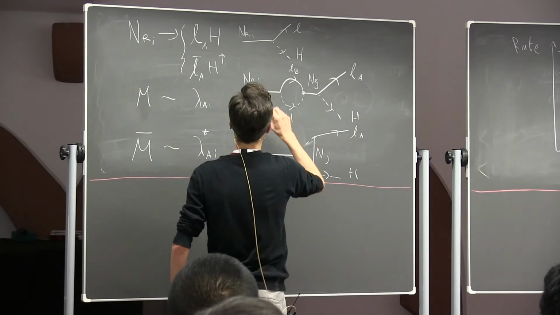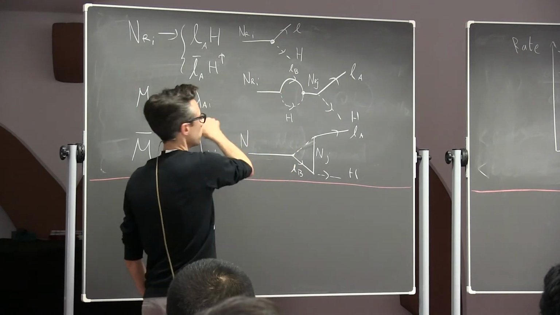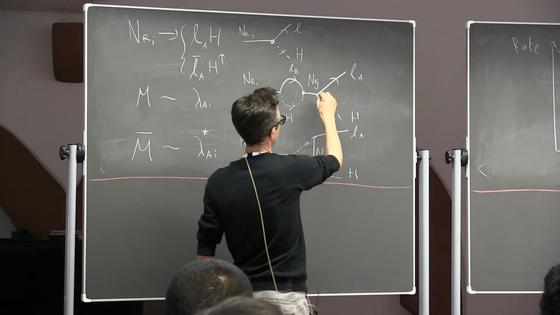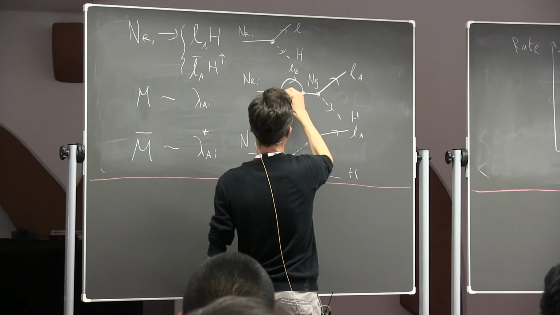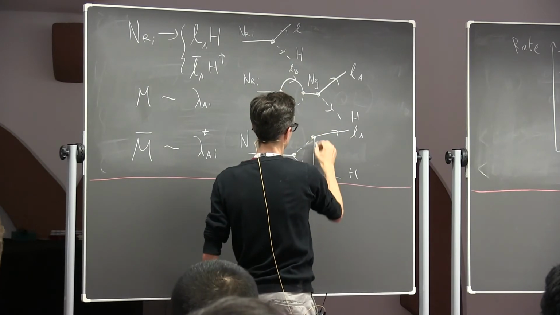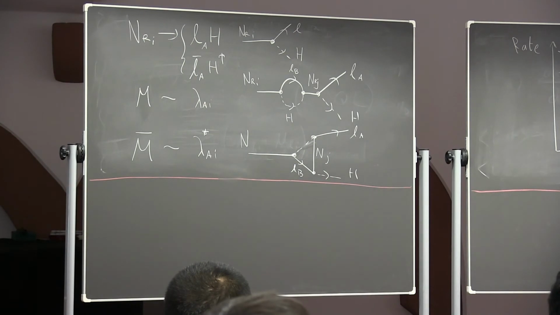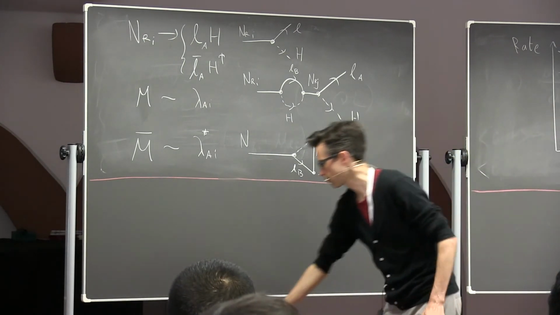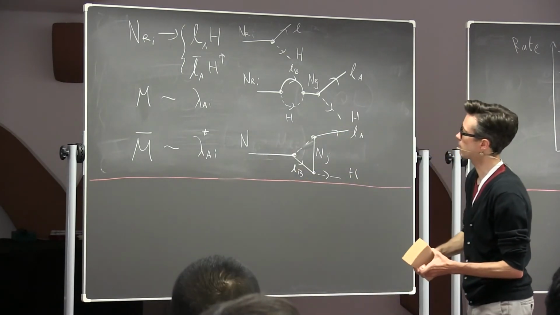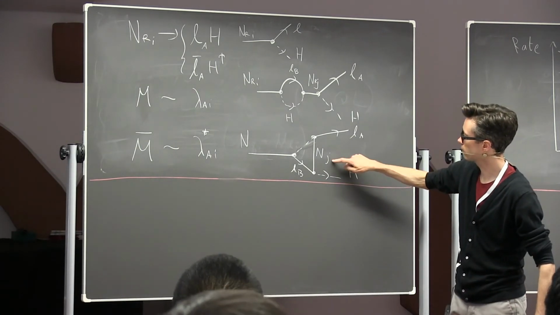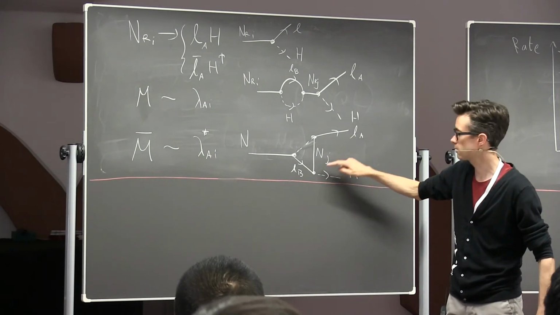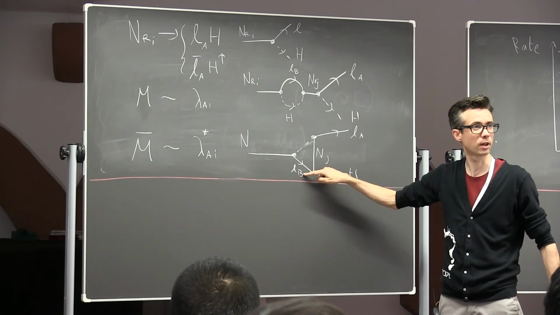So instead of having one power of the coupling, as I would have at tree level, I now get extra powers of the coupling from this vertex, and this vertex, and this vertex. So beyond tree level, the next contribution has 3 powers of the coupling. And these extra powers of the coupling that come in can correspond to different heavy neutrino varieties and different regular lepton flavors.